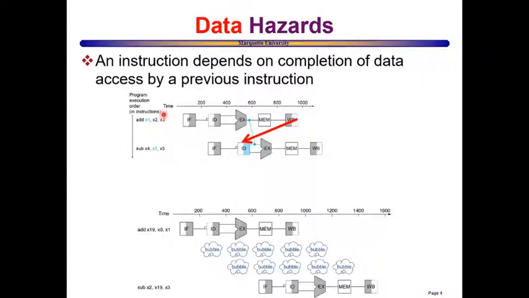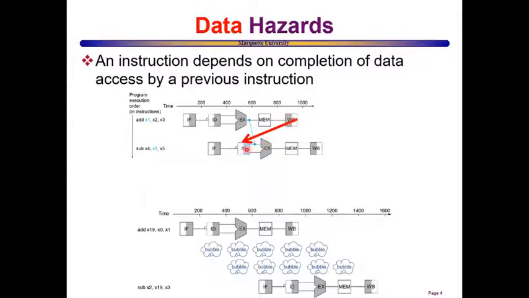Imagine a situation where we have 2 instructions like this, where the second one is using the result from the first one. If you look at the execution of the first instruction, which undergoes the 5 pipeline stages this way, the result of the addition will be written into the destination register X1 only during clock cycle number 5.